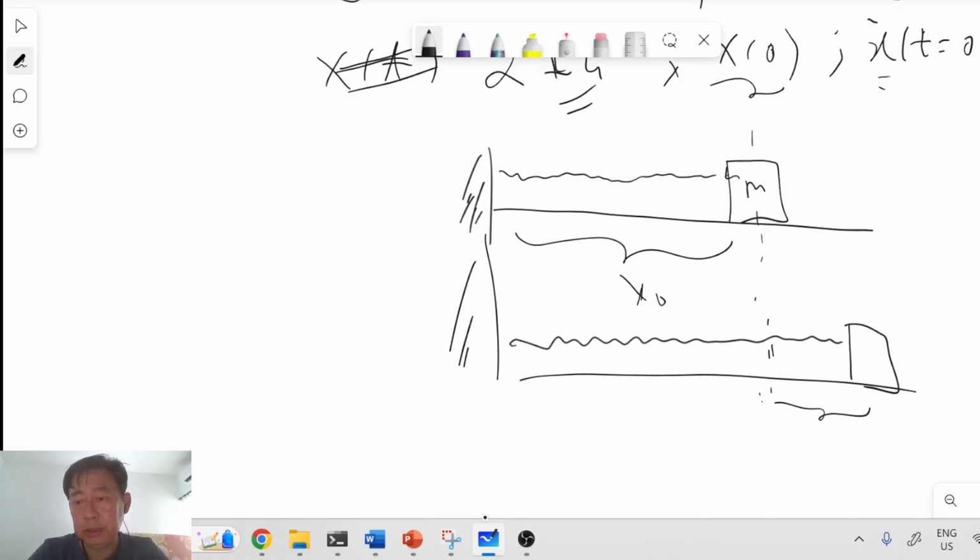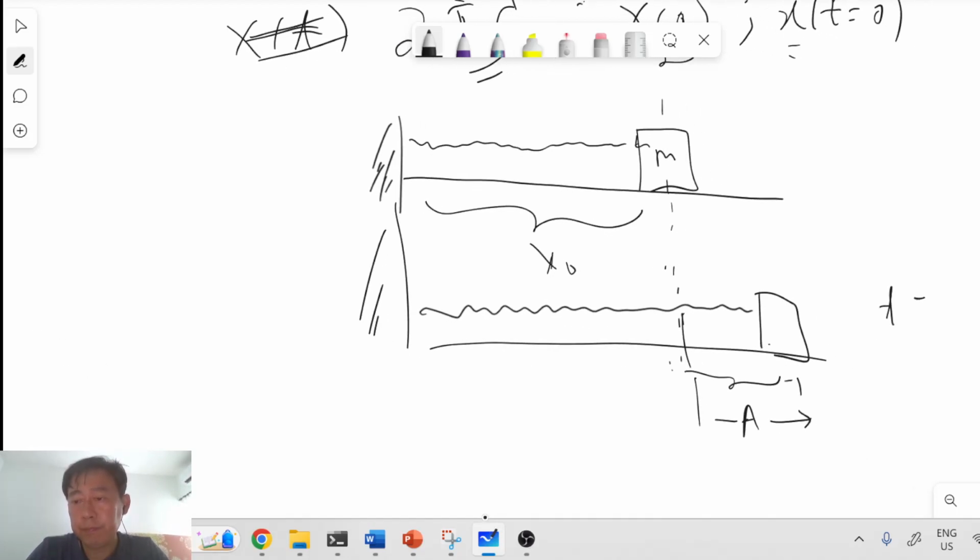Initially the position is displaced at x equals a. So you displace the object initially at time t equals 0, and then x is set to be a, where a is defined as the distance between the equilibrium position and the position before you release the particle.